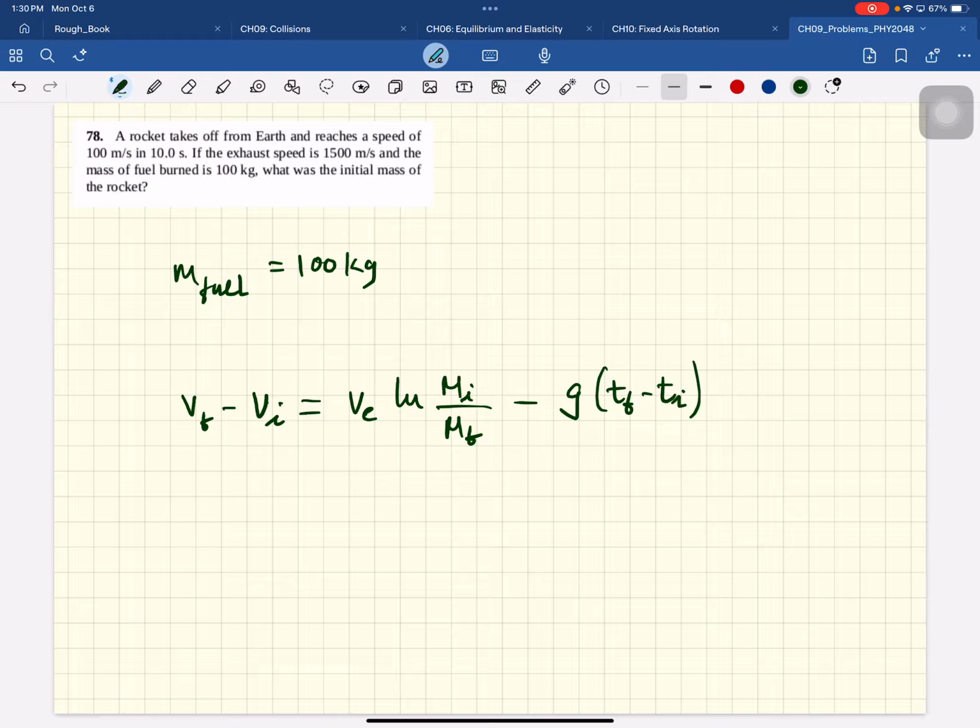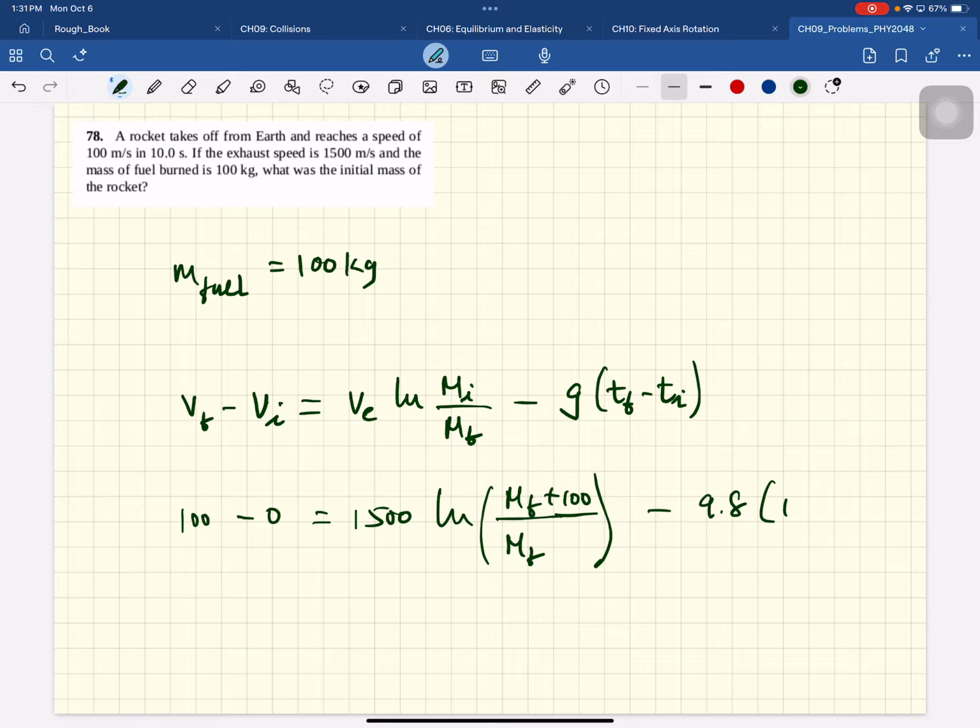So the final velocity is 100 meters per second minus 0, equals 1500 meters per second times log of the initial mass, which was the final mass of the rocket plus 100 kg, that's how much fuel you burnt, minus 9.8 times 10.